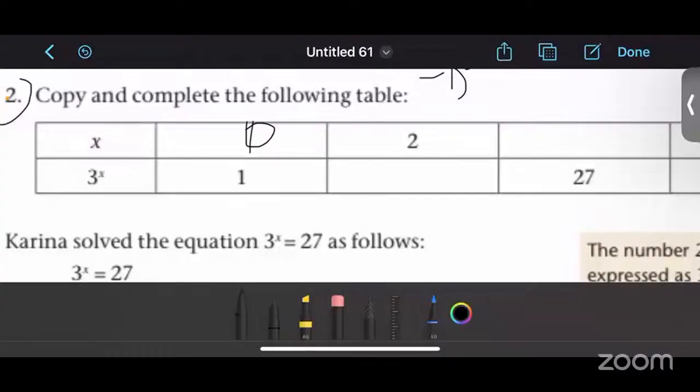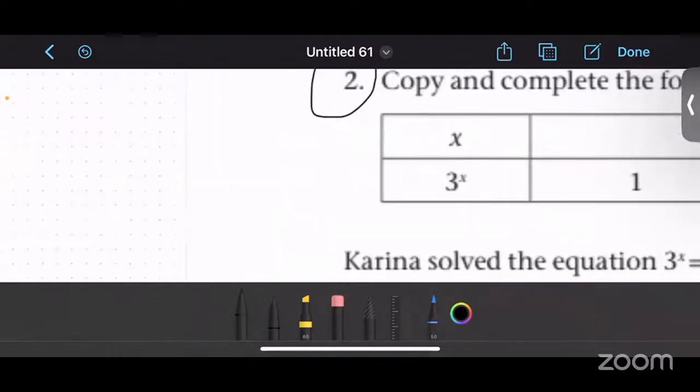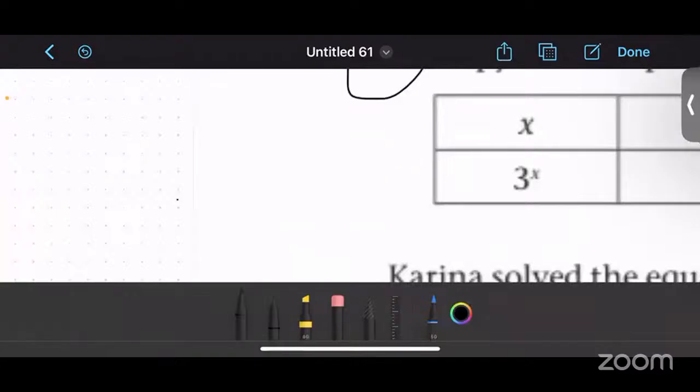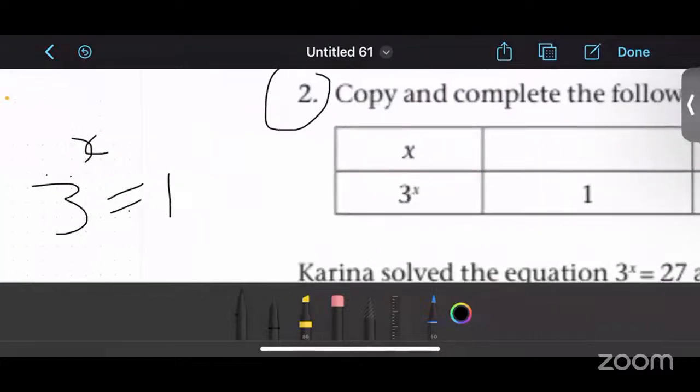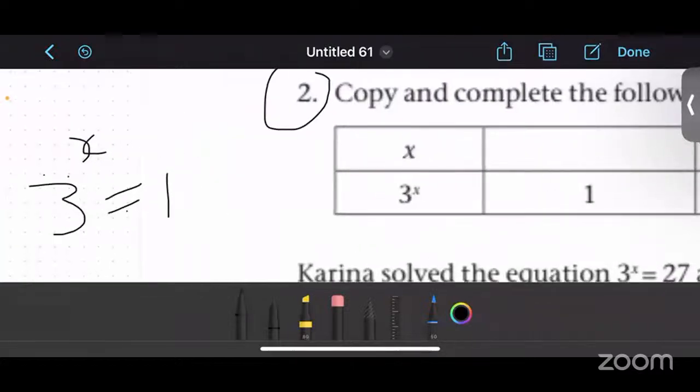No, ma'am, it's 1, because the first term equals 1. So you're saying it's going to be 1 there. So 3 to the power of x is equal to 1. Okay. 3 to the power of x is equal to 5. So now we have to solve for x.